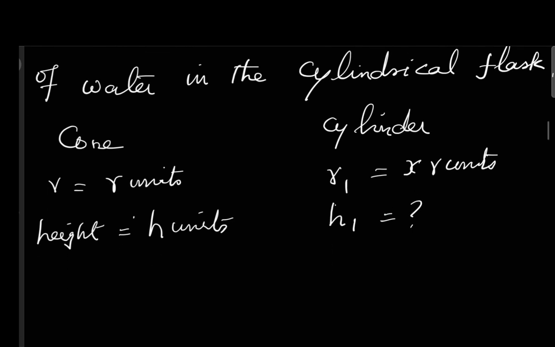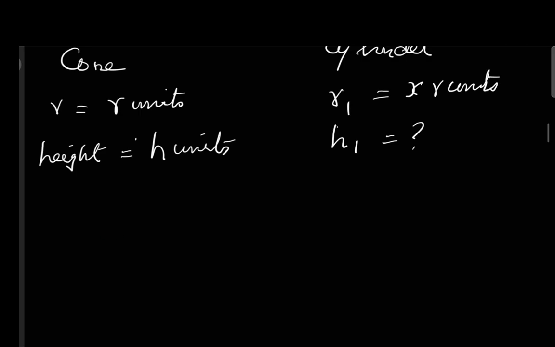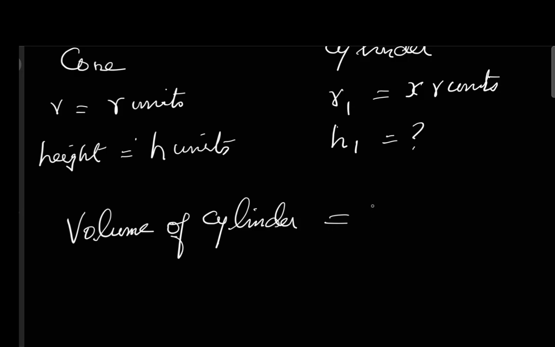But in this case, the volume of the cylinder is equal to volume of the cone. Both their volumes are same. So volume of water in the cylinder is equal to volume of water in the cone.